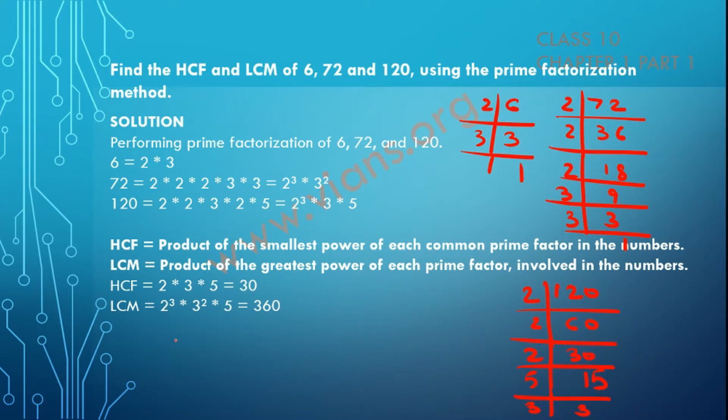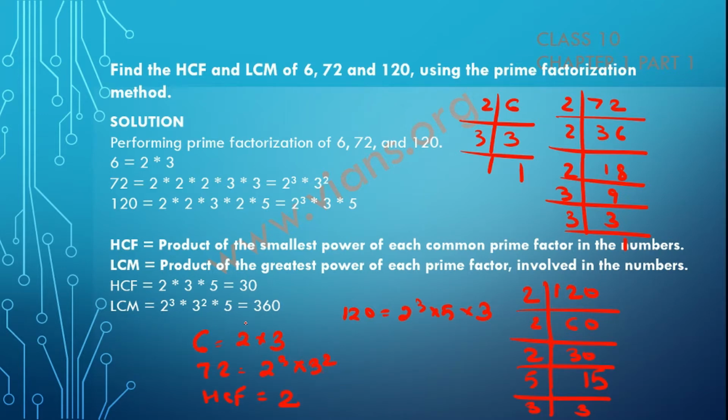So now you could write these as basically 6 is equal to 2 into 3. 72 is equal to 2 cube into 3 square, and 120 is equal to 2 cube into 5 into 3. So now HCF is nothing but the smallest power of common factors. Now what's common amongst this? 2 and 3 are common. 2 and 3 is here, 2 and 3 is here, 2 and 3 is here.